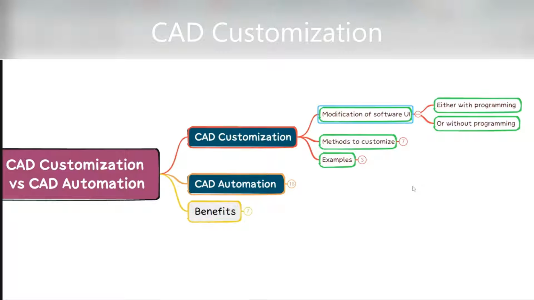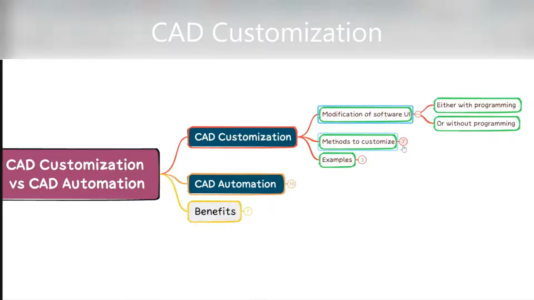And this can involve either use of programming or no use of programming. When you are not using programming, you might be using some advanced configuration settings of a CAD software to modify the UI to make it custom based on the needs of the design engineers.